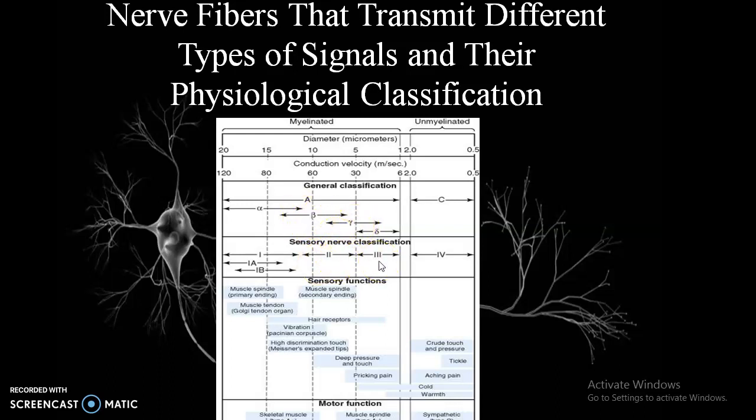Group 3 includes the fibers carrying temperature, crude touch, pricking pain sensations, and these are the delta type fibers. Group 4 is the C unmyelinated fibers, and these carry the sensations of pain, itching, temperature and crude touch. So these are the different types of nerve fibers that transmit different types of signals.